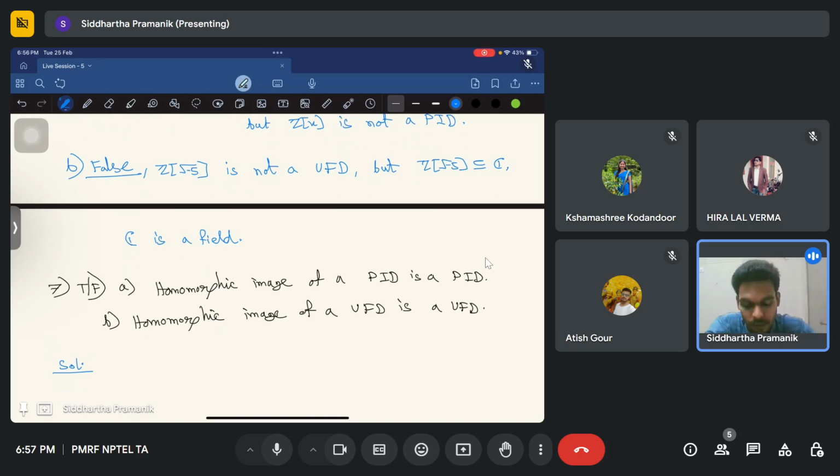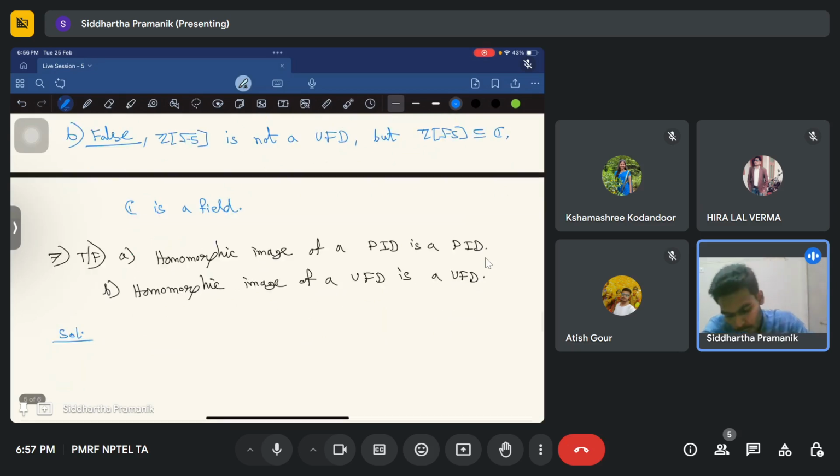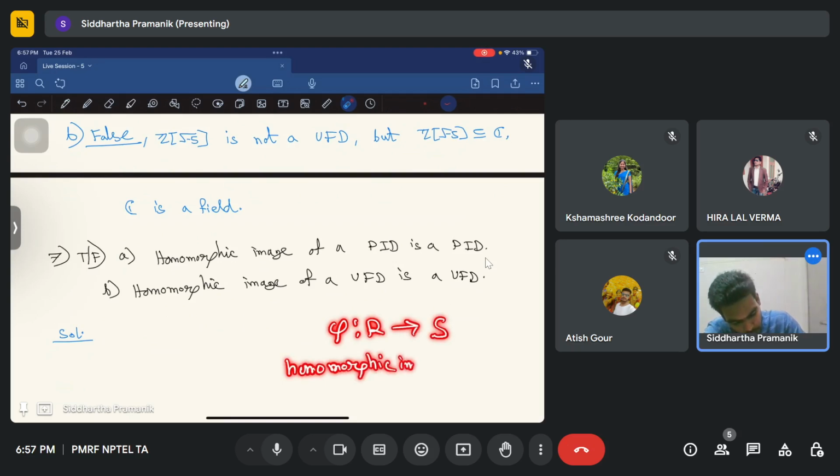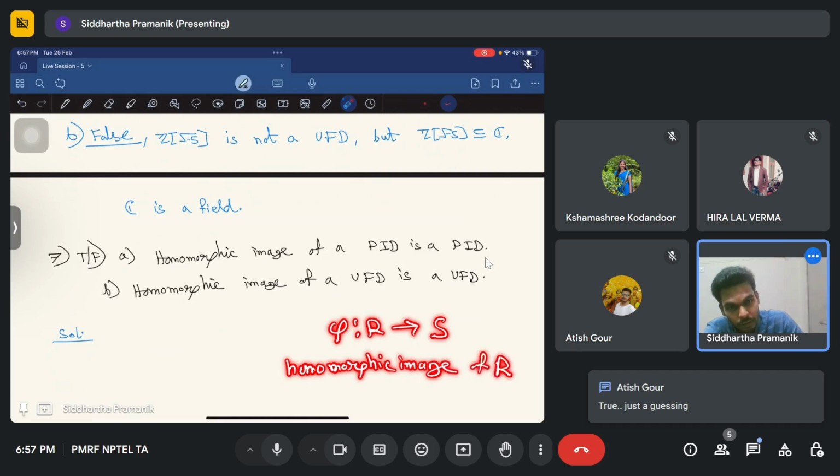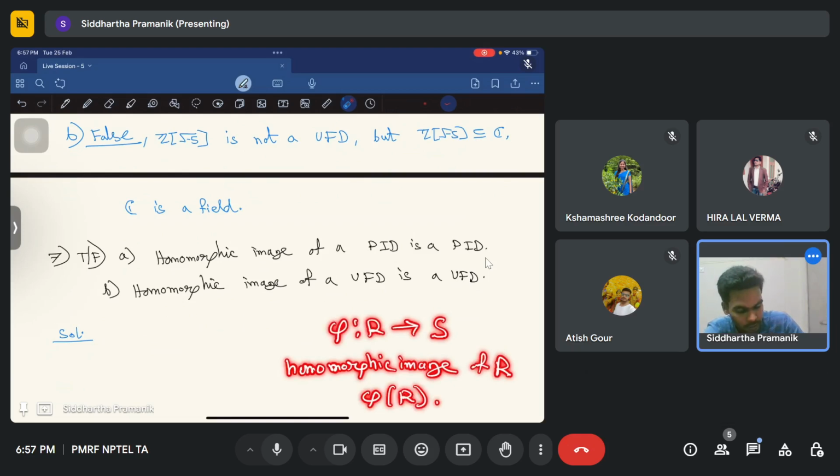Any answer? Homomorphic image means, if you take a homomorphism phi from R to S, the homomorphic image of R is just the image of phi. The image of R under some homomorphism is what we call a homomorphic image.